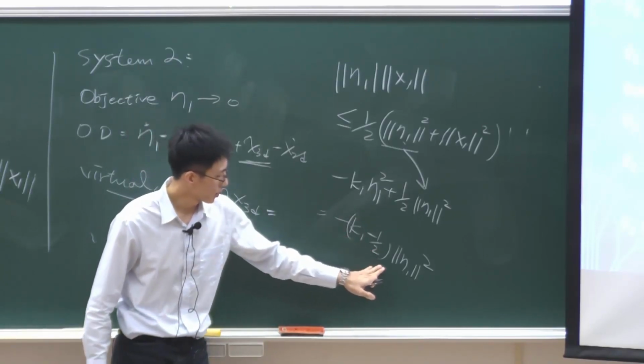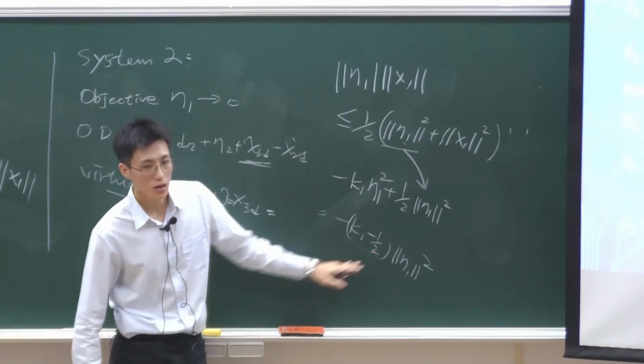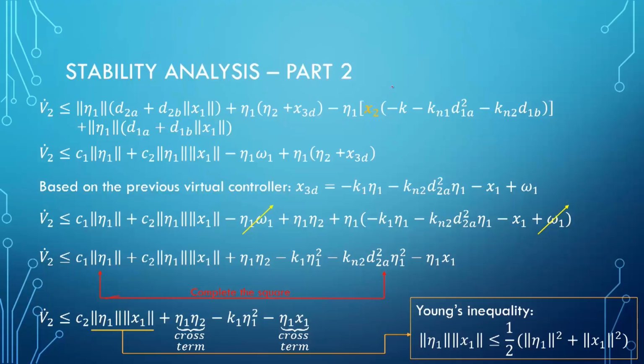And this term becomes negative, so it's still good. So you can deal with some bad terms, either using Young's inequality or completing squares, depending on the structures, 听懂吗?